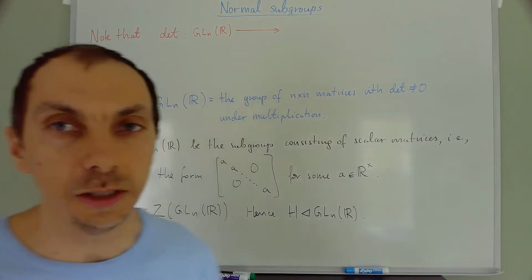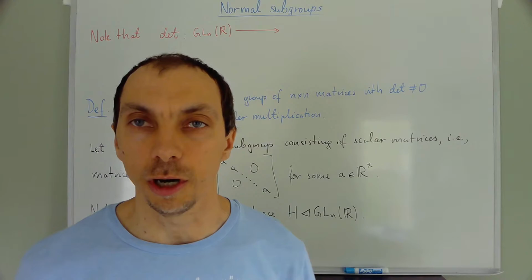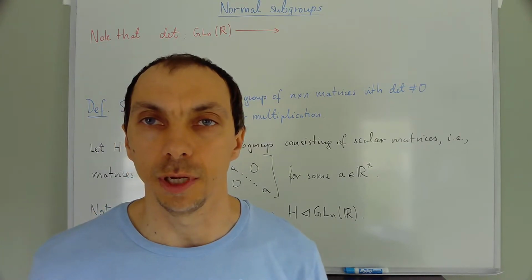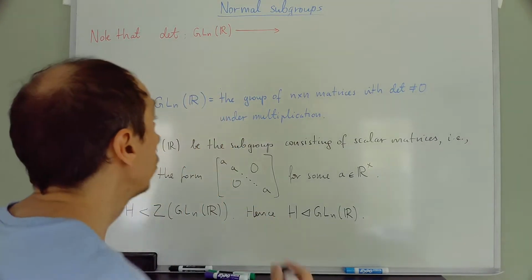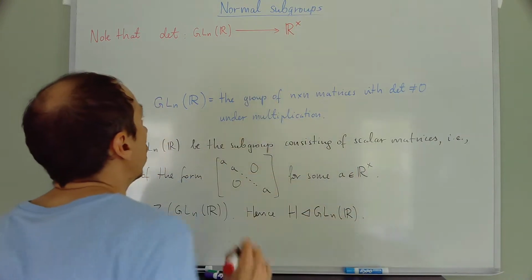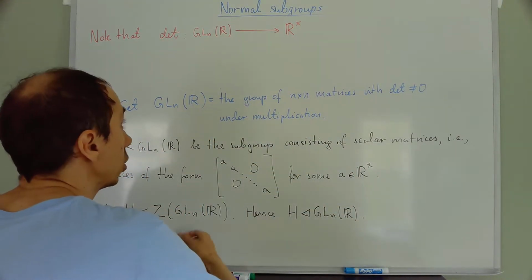Okay, so what can you get as a determinant of an n by n matrix with entries in R with non-zero determinant? Well, you can get a non-zero real number. So this gives you a map into R cross, okay?